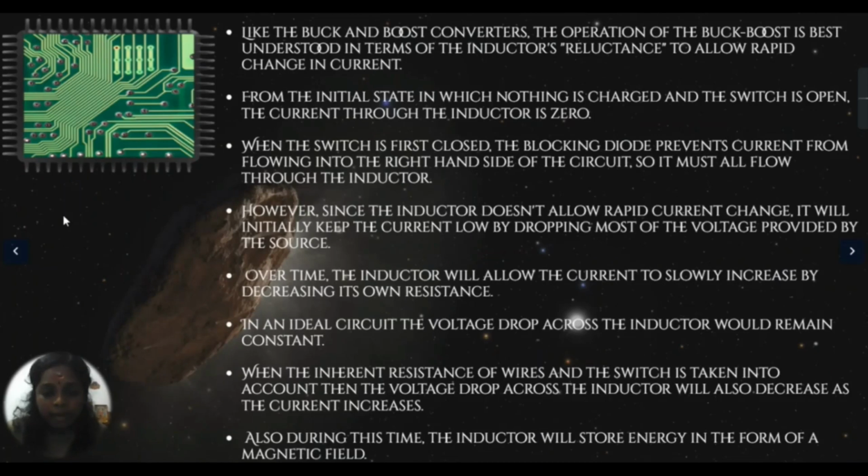When the inherent resistance of the wires and the switch is taken into account, the voltage drop across the inductor will also decrease as the current increases. Also, during this time, the inductor will store energy in the form of a magnetic field. So let me continue on conclusion.